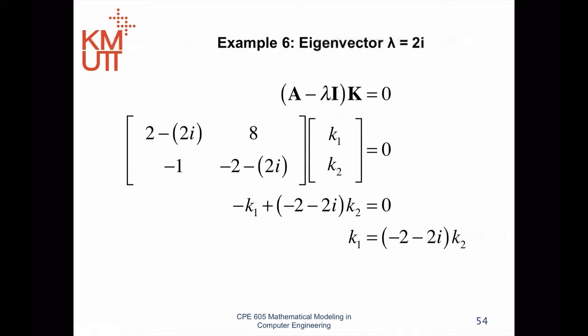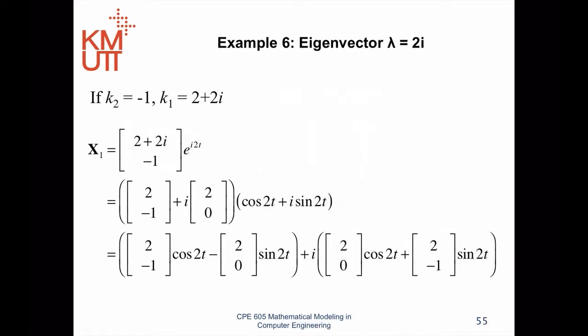So let's consider the case where the eigenvalue lambda equals 2i. If lambda equals 2i, we will have 2i here and 2i here. Multiplying this row by this column, we will have minus k1 plus (minus 2 minus 2i) k2, which means that k1 equals minus 2 minus 2i k2.